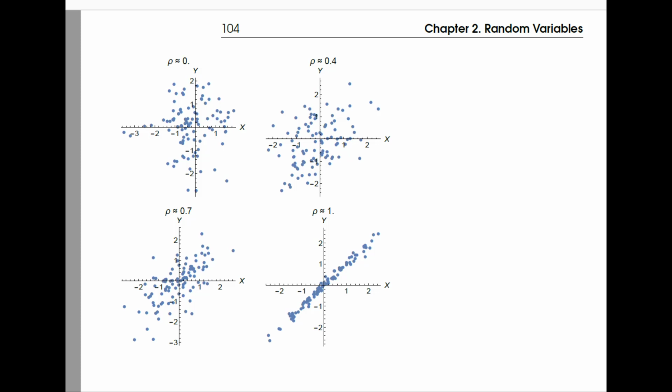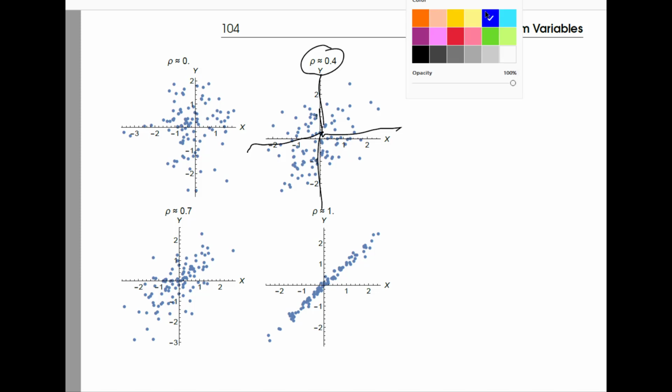When the correlation is 0 and then you take a sample, they're not necessarily independent, but you should see mostly a shotgun like that, so no particular patterns. Now, when it's 0.4, you start seeing, so it's positive, so most of the points fall in these quadrants, this one and this one, where the CIs are positive.